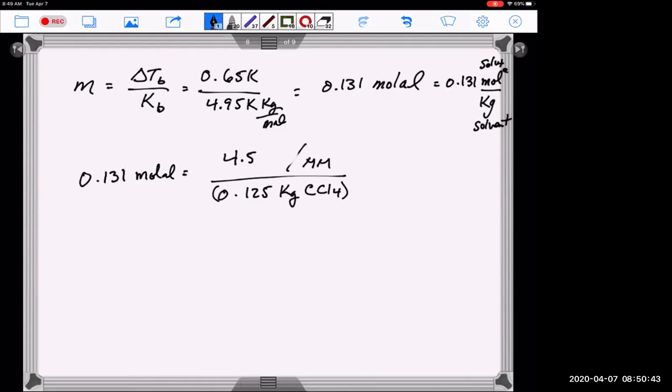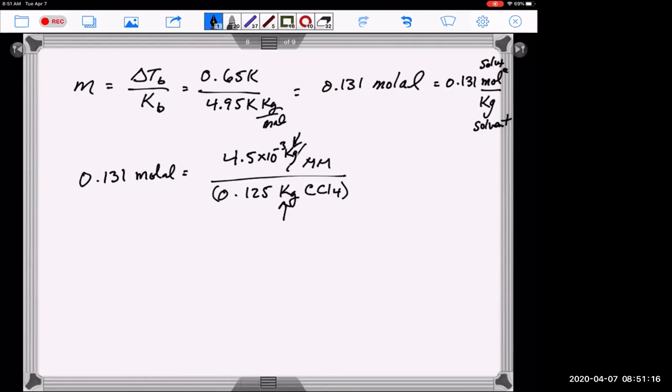But we don't want that in grams though, right? We want that in kilograms. Okay, I left it in grams. Well, let's leave it in kilograms. Because these units actually are independent of each other. It looks like, oh, I got kilograms in the numerator, I better have kilograms in the denominator.